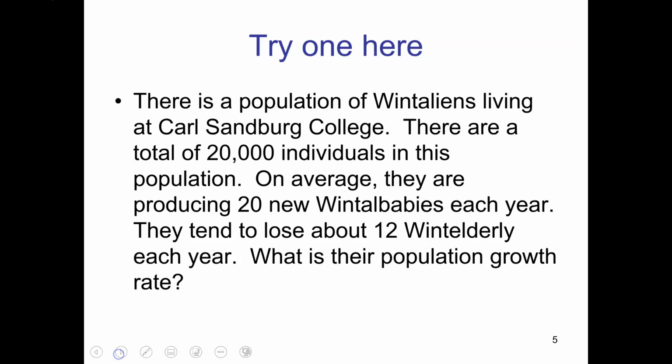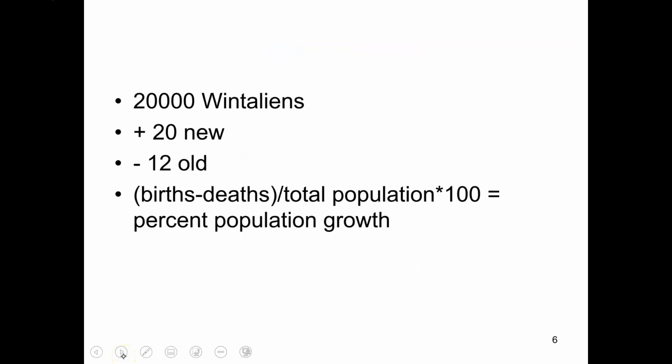I'm assuming you paused it, and now we're going to go to the next page. So now let's look at what we got. I'm going to go over what we would do. We have 20,000 Wendtellians. That's the total population. We have 20 live births, Wendtell babies, and 12 deaths, Wendtelderlies.